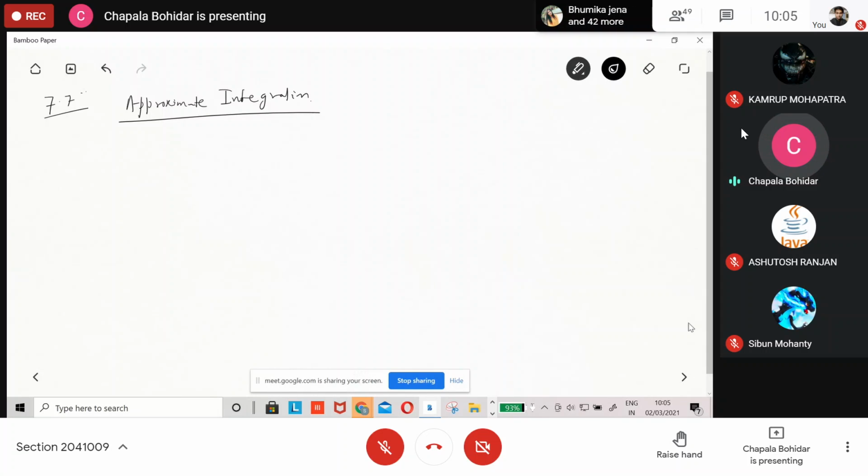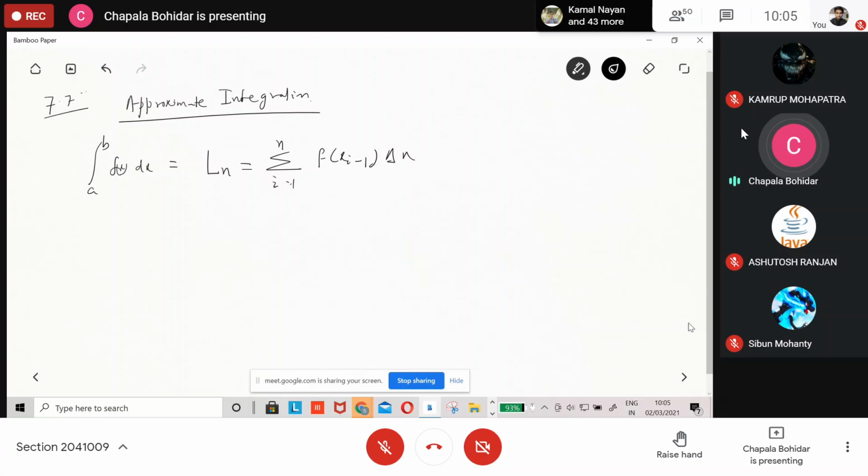So it is by left endpoint, that is integral from a to b of f(x) dx is approximately L_n, the left endpoint, that is summation over i equal to 1 to n of f(x_{i-1}) del x.